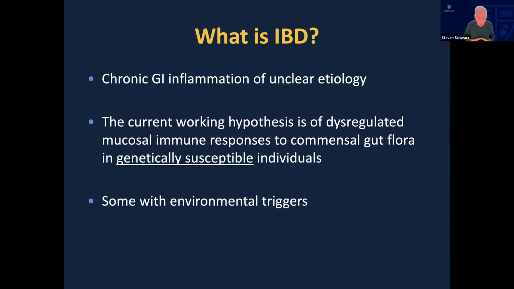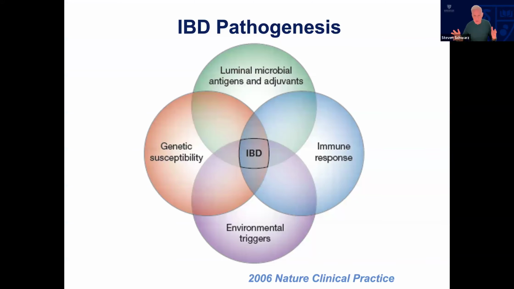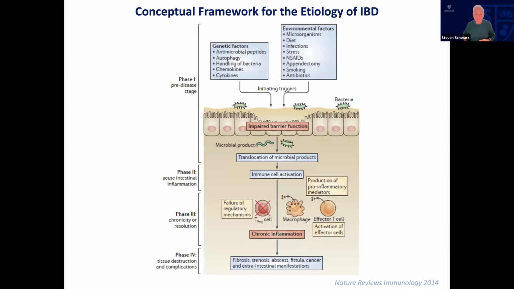And some, but not all, of the patients who develop inflammatory bowel disease have clear inflammatory triggers. So I know Dr. Levine has shown you this slide before. We have the intersection in this Venn diagram of microbial antigens, the immune response, environmental triggers, and genetic susceptibility. And some combination of this soup, if you will, when put together, will result in the clinical expression of disease.